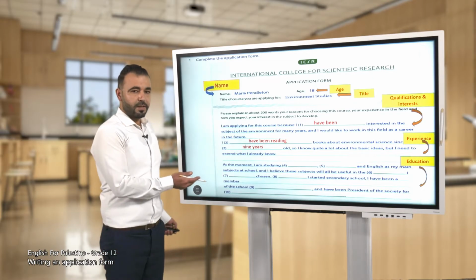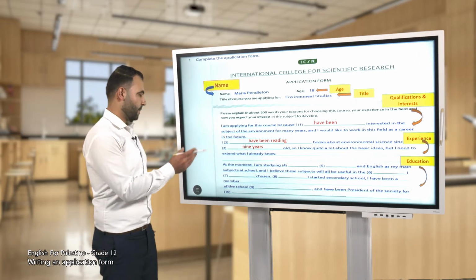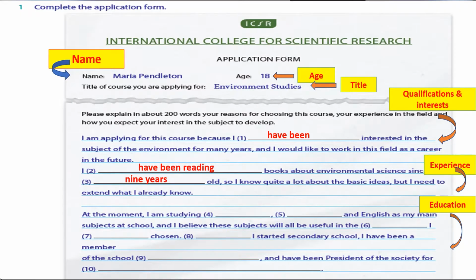Now, let's see how is she or he talking about education. At the moment, I'm studying biology, geography, and English as my main subjects at school, and I believe these subjects will all be useful in the career I have chosen.